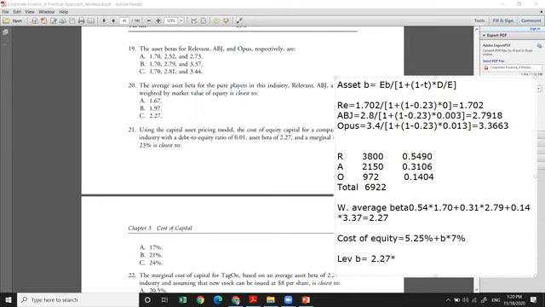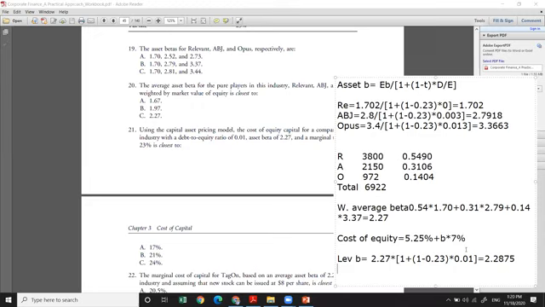We just substitute into the formula: 2.27 times 1 plus (1 minus 0.23, the tax rate) times the debt equity ratio, which is given above as well, 0.01. And that would give us 2.2875, the levered beta.